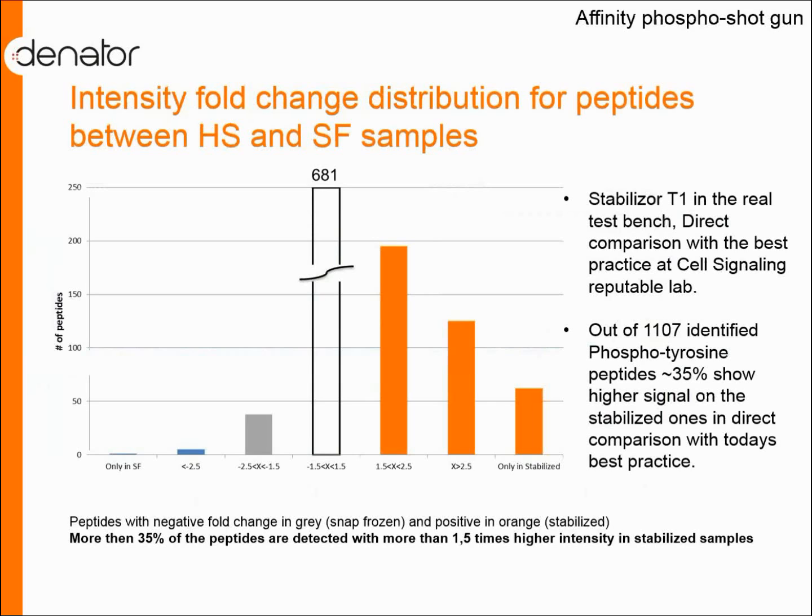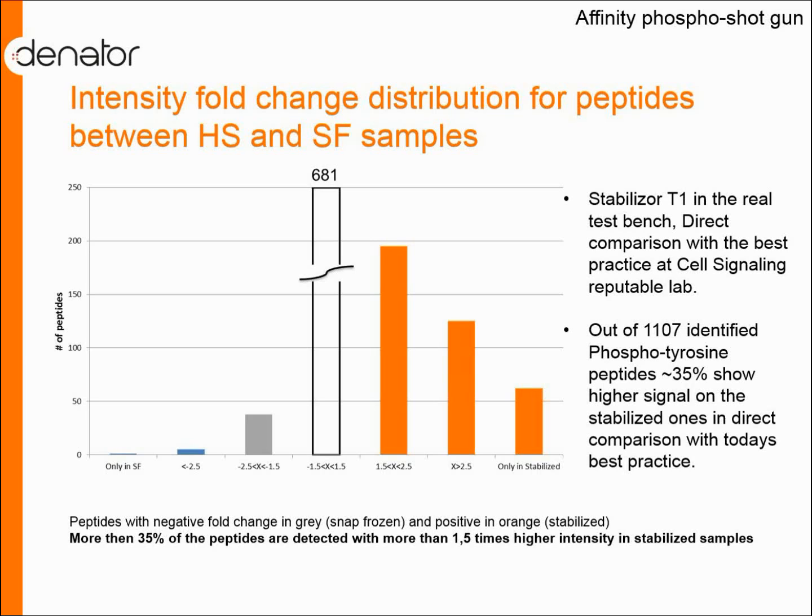Another example of looking at phosphorylation, this time using affinity phospho-enrichment followed by MS analysis. In this case we have a direct comparison again, heat-stabilized mouse brain samples compared to snap frozen samples. The samples are extracted in 8 molar urea, then diluted to roughly 1-2 molar, and then digested with trypsin.